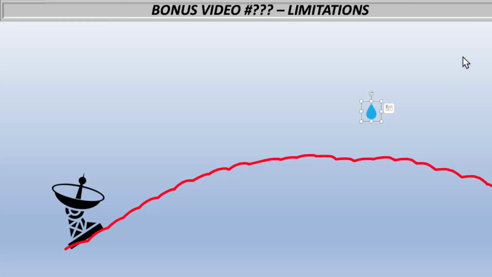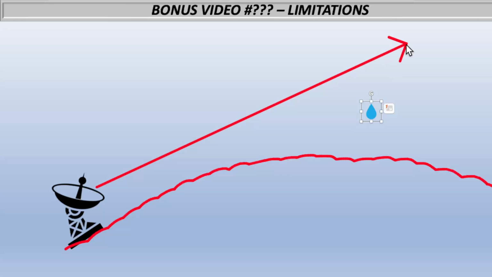So let me try to draw an arrow here. And so now remember, the radar doesn't transmit in a continuous beam, but for the purposes of this argument, I'm going to make it look like that. So the signal goes out like this, okay? And the raindrop is at some elevation above the Earth's surface.